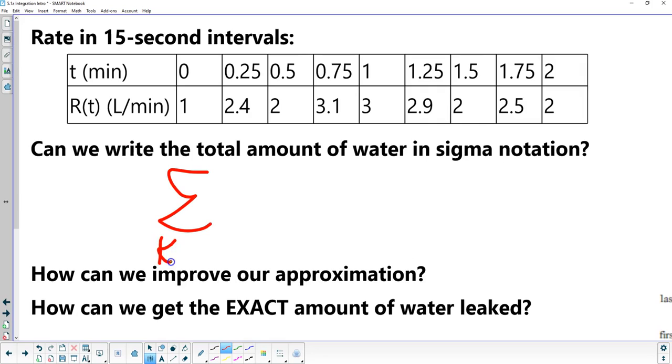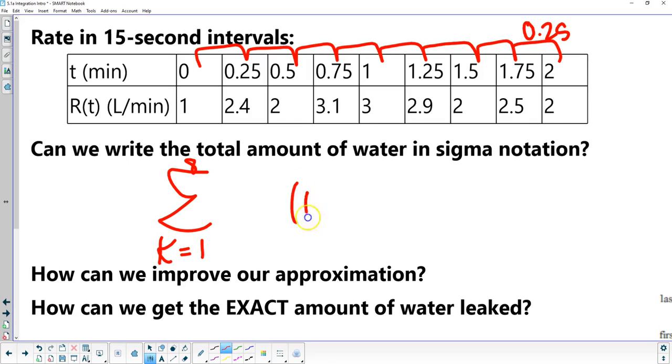So let's use K as our index again. So I'm going to start with the first rectangle. What do we want on the top? 8. What's going to be the same for each rectangle? The width. And if I'm in terms of minutes, it would be 0.25 minutes, right? 15 seconds. Okay, so I'm going to put 0.25 as my width.